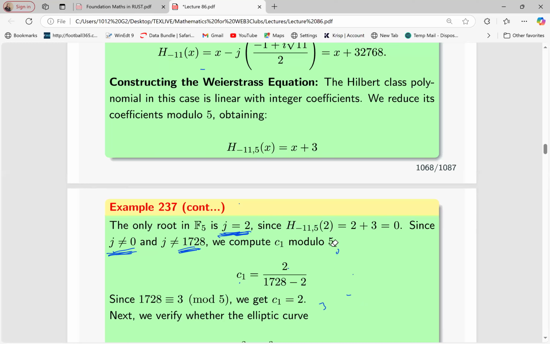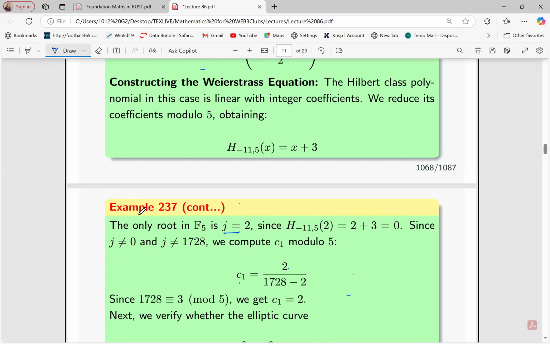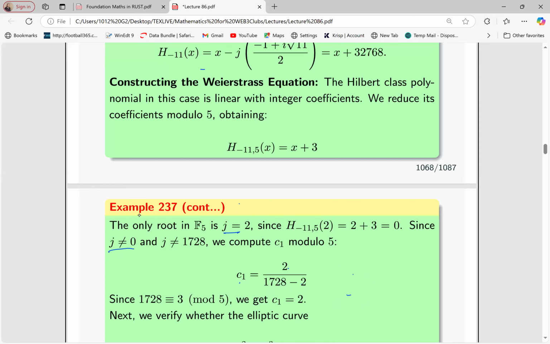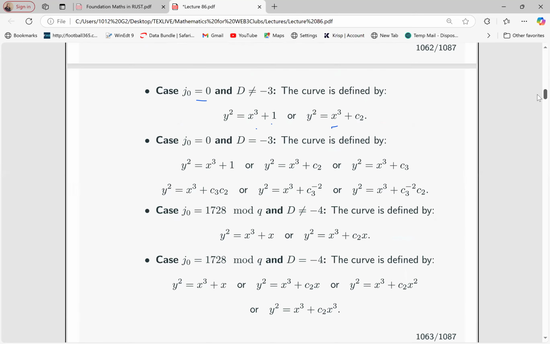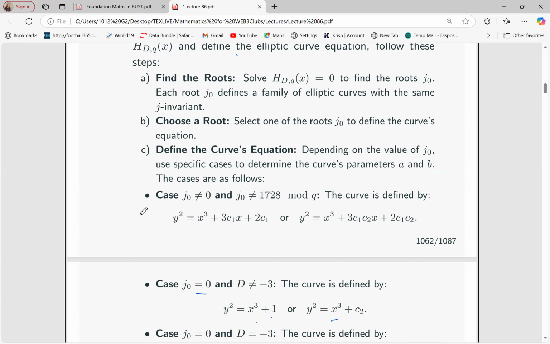Now, why are we calculating C1? We're calculating C1 because we've seen that our J naught is not equal to 0 and is not equal to this. So our choices for the curve are here. Condition case 1: when J naught is not equal to 0 and J naught is not equal to this, our curve would take one of these forms.